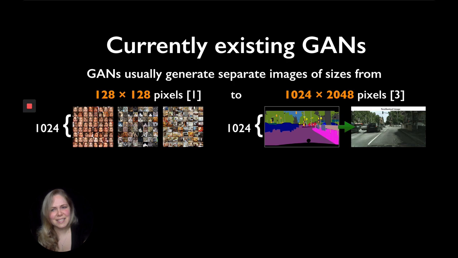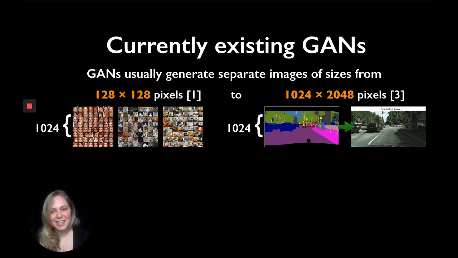Now, why are the existing ones not suitable for our purposes? Back in 2014, when GANs were just introduced, they usually would generate images of size 128 by 128. Nowadays, the situation has improved a lot, and we can get high-resolution imagery of size 1000 by 2000, or maybe even a little bit further than that.